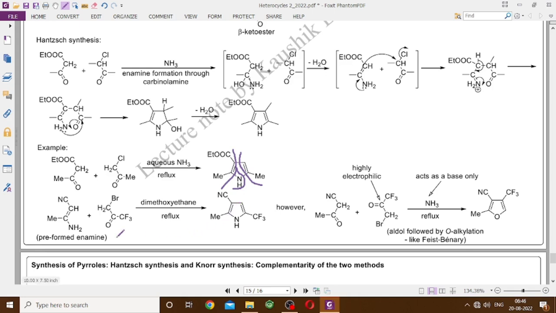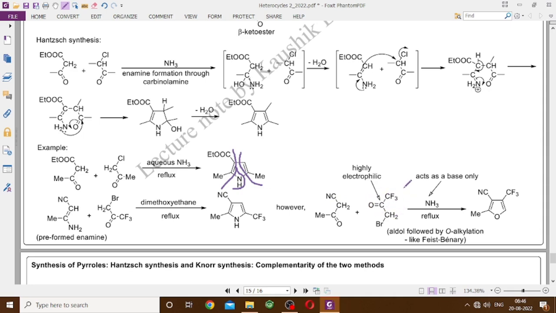And if you don't do the preformed enamine route here, it is actually observed that if I mix this alpha-cyano carbonyl and the alpha-bromo ketone here in the presence of ammonia, just as we did here, ammonia, instead of acting as a nucleophile, will choose to act as a base, and because the electrophilicity of this carbonyl is extremely high due to the presence of these two electron-withdrawing groups, this will undergo a furan nucleus synthesis via aldol followed by O-alkylation.